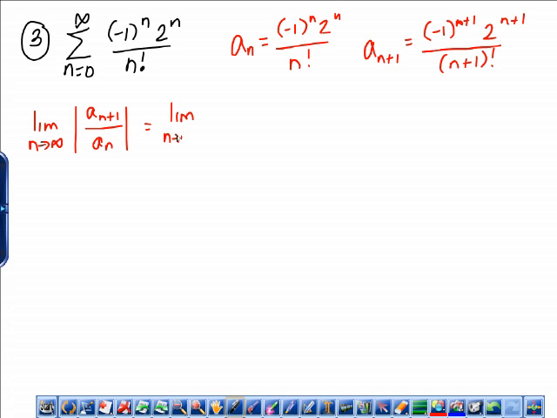Now these are fractions, and we're going to have to divide them. But for right now, I'm just going to write everything the exact way it is. So the a sub n plus 1, which is the next term, we're going to write that in the numerator.